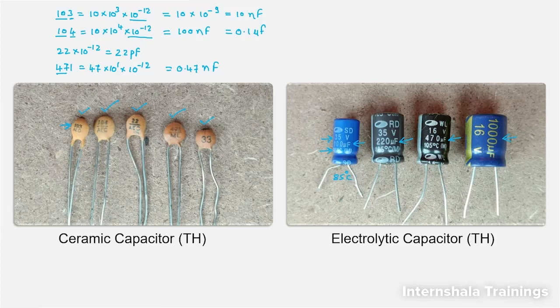This capacitor you can operate up to 105 degrees Celsius, and it has a maximum voltage rating of 35 volt. If you provide 40 volt to this capacitor, it will get blasted. In the same way, for this capacitor the voltage rating is 16 volt and the temperature is 105 degrees Celsius.